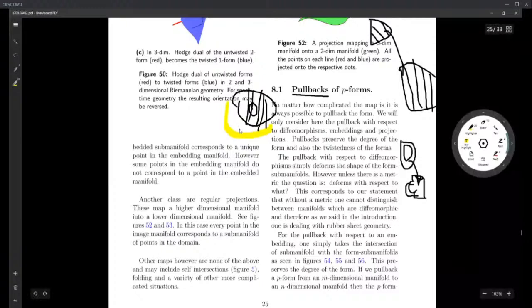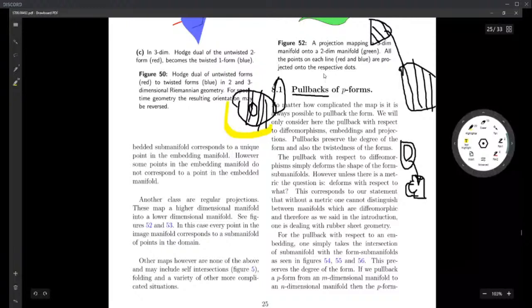And again, if you pull back a p-form in an m-dimensional manifold to an n-dimensional manifold, you basically end up with p-form submanifolds which have m minus p dimensions, because the intersection of these m minus p dimension form submanifolds with these other n minus p manifolds will correspond exactly to what a p-form is.